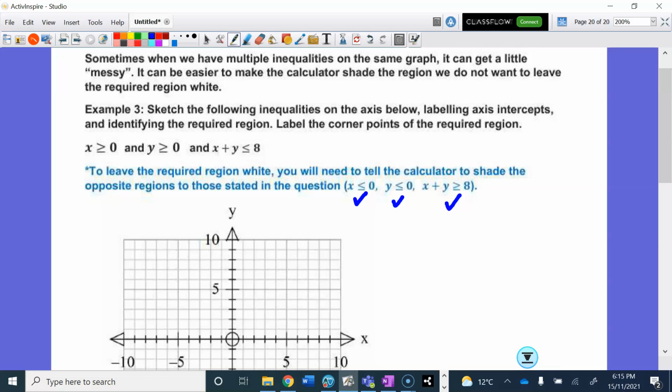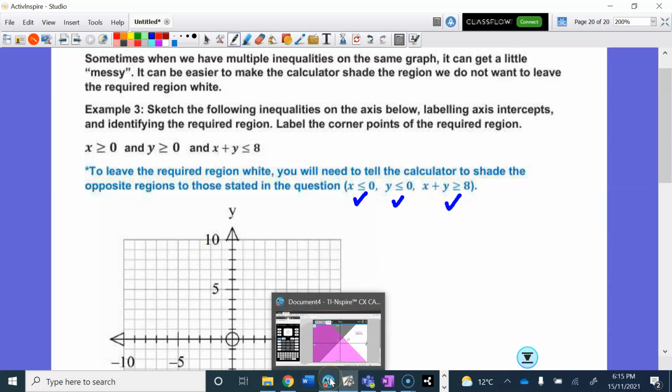So what you're telling your calculator is to shade the not required region. Okay, and that will mean that your calculator leaves your required region white, and it will be far, far, far easier to see.